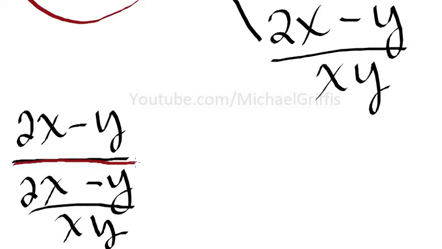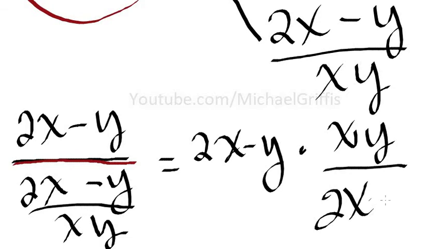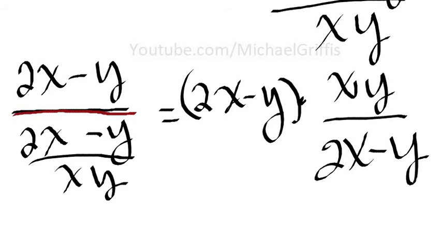Okay, now we're going to write it as 2x minus y times xy over 2x minus y. Okay, now remember we're going to put a parentheses around this right here. Okay, remember we got to flip this guy. Bring it over to the right and then flip it.